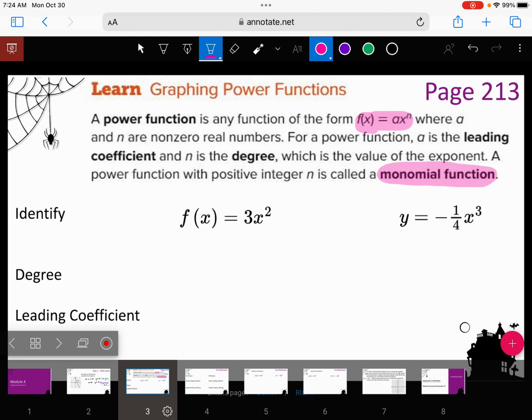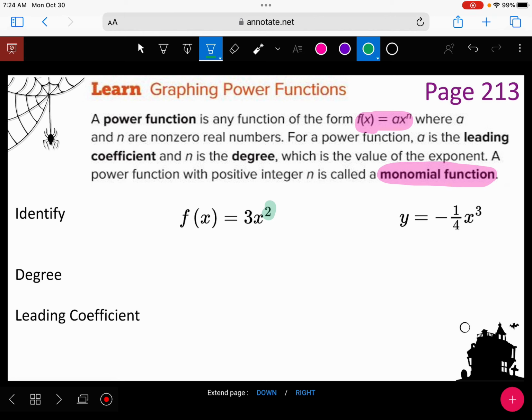It's always our exponent. So the degree of this term is 2. Then the leading coefficient is the number in front. So in this case, it's 3.